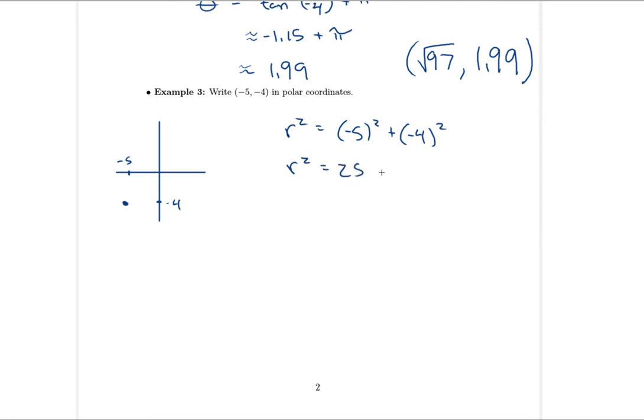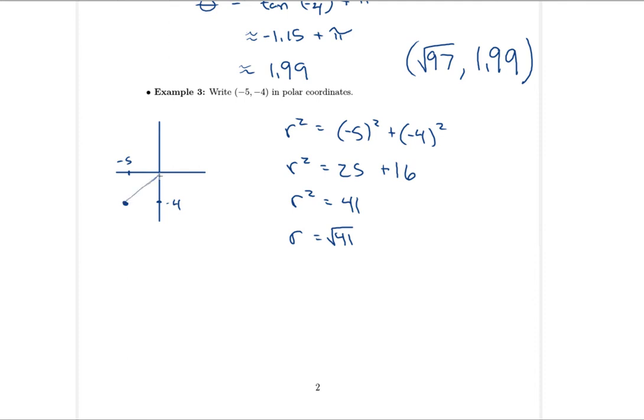We get 25 plus 16, so r squared is equal to 41. So r is the square root of 41. Square root of 41 is between the square root of 36, which is 6, and the square root of 49, which is 7. Does it seem reasonable that this distance here is between 6 and 7?